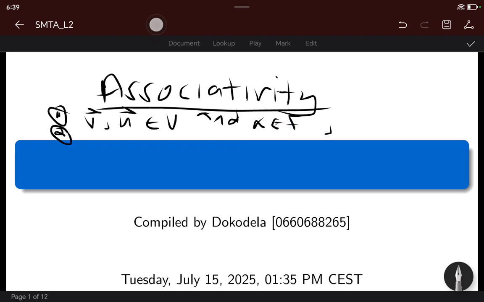Then I come here and multiply. Let me start with V. I multiply, and then I get that this will be scalar times V times a vector, right?